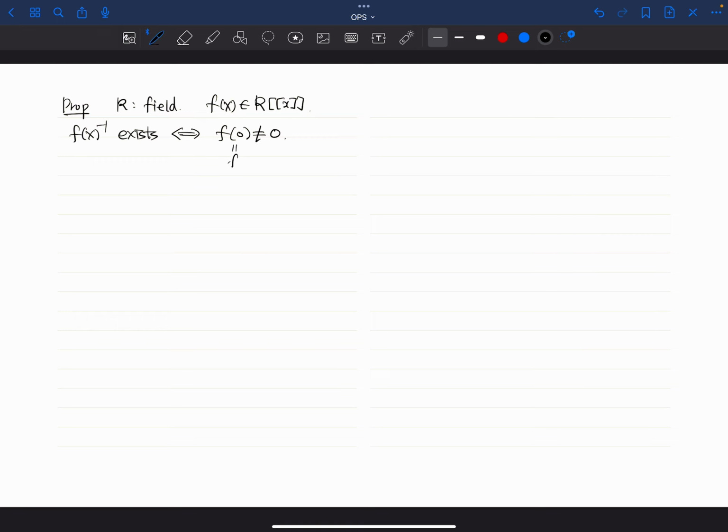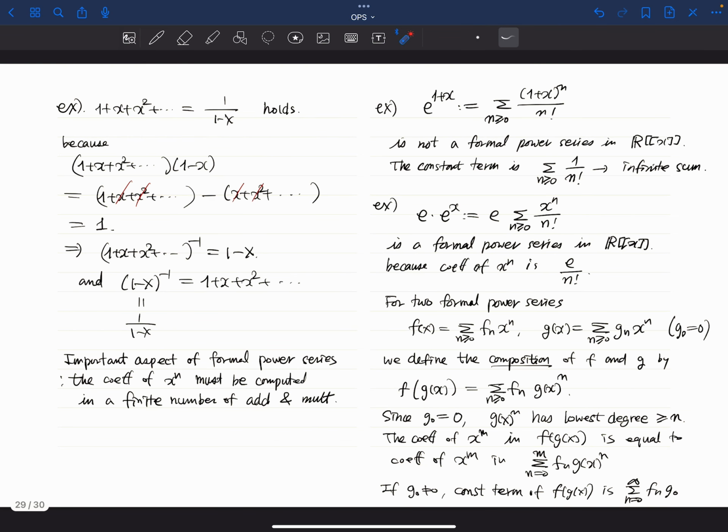This means f0, the constant term, is also written in this way because we don't usually substitute anything for x, but we do substitute 0 there.